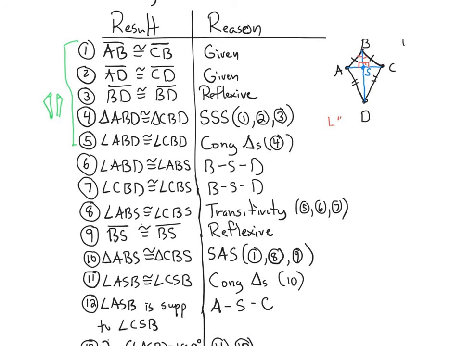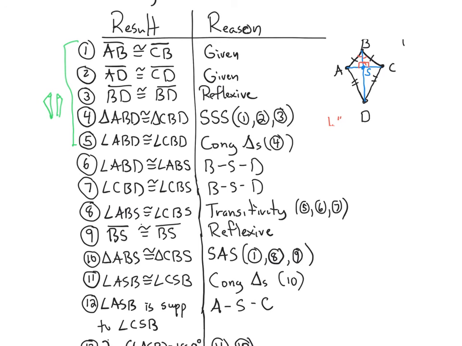We used side, side, side for that. Here in 6, 7, and 8, we were just saying that angles ABD and ABS were the same, because S was just a point on the line BD. Of course, those angles are going to be the same.